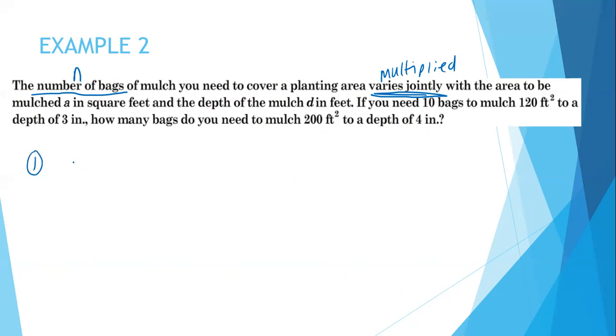So step 1, we know that N equals, and there's always a K, and it varies jointly with the area, which is A, and with the depth of mulch, which is D. So N equals K times A times D. That is our combined variation that we're using.